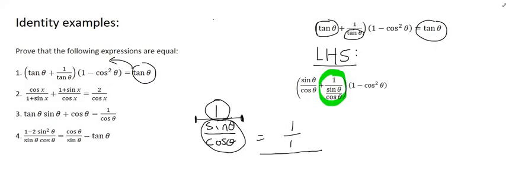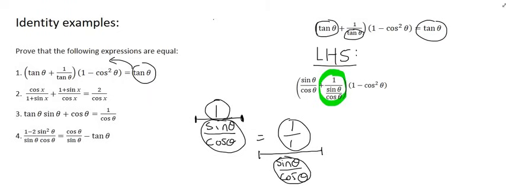Now we clearly have a fraction on top, with the main division line, over another fraction. Remember, the way to divide two fractions is to keep the top one the same, turn the sign into a multiplication sign, and then switch the bottom fraction around, so you flip it upside down. That's going to look like this.